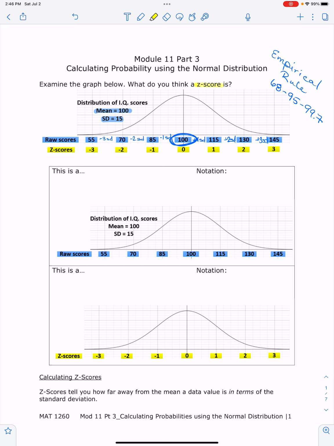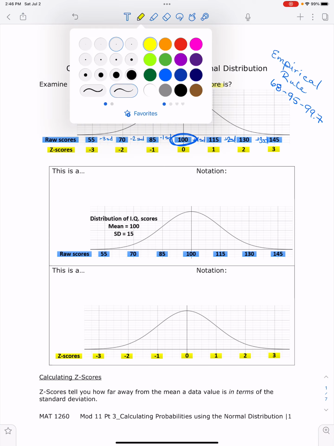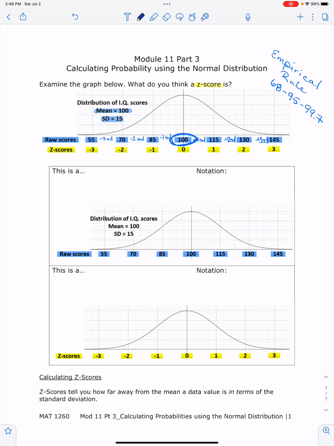So our z-scores are labeled below here. Our mean has a z-score of 0, so it's hard to figure anything out from that. But our 115 has a z-score of 1.